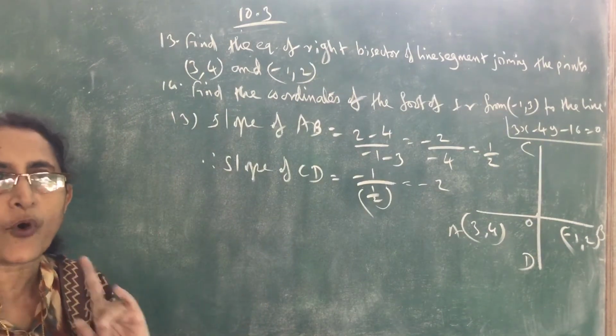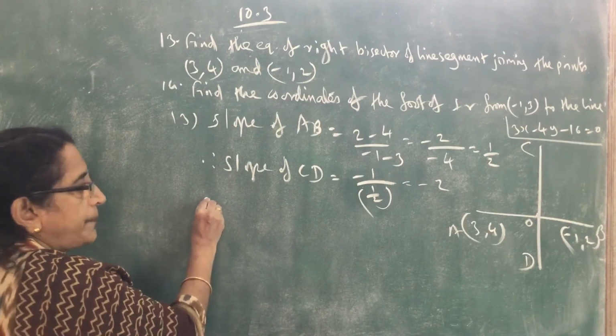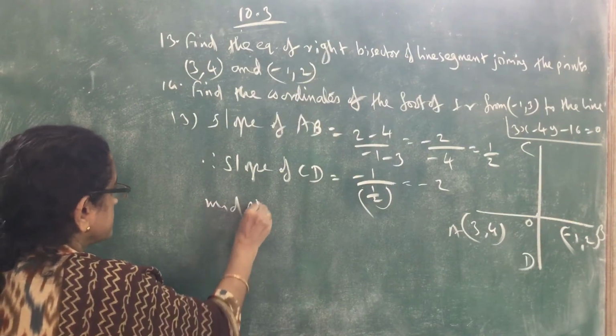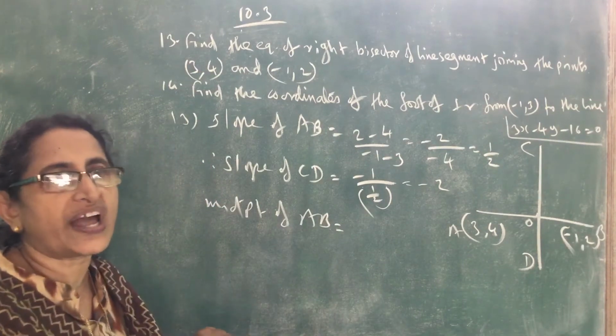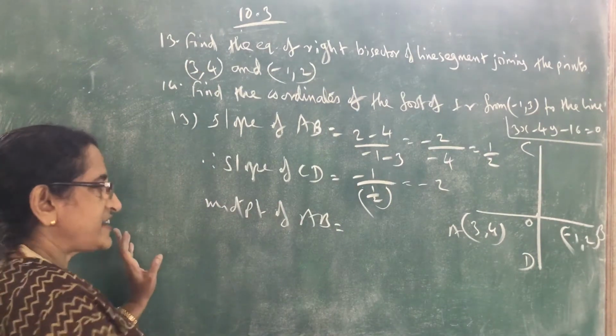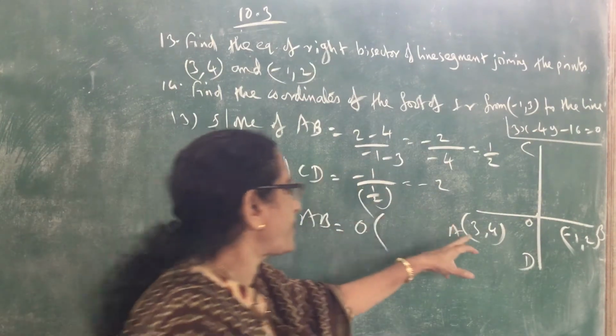Now we want one point on CD. For that we can find the midpoint of AB. The midpoint of AB, which is O, we can find using the formula ((x1 plus x2) by 2, (y1 plus y2) by 2).